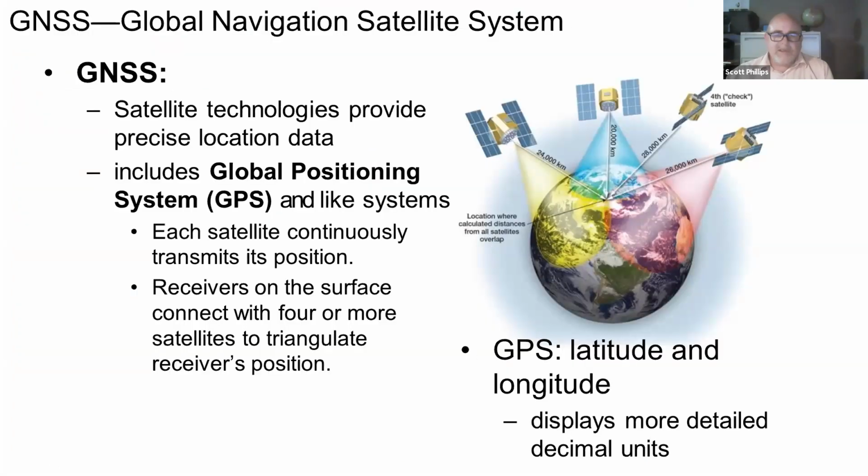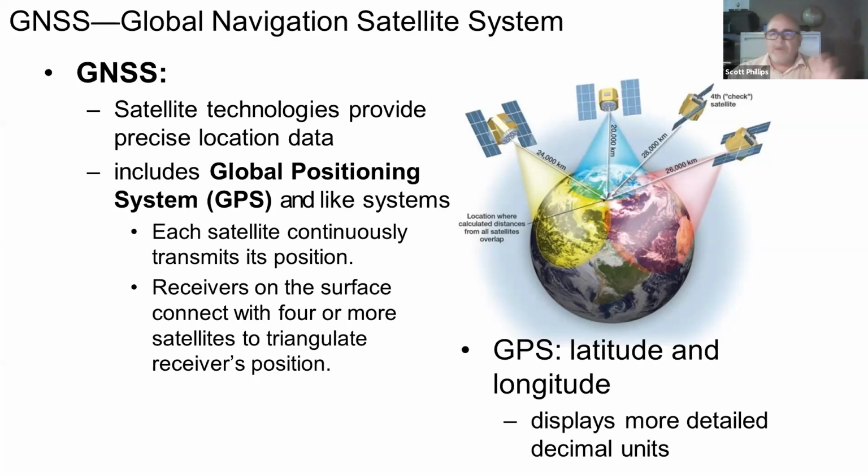Now, how would your phone know where you're at? The way that your phone or other devices know where you are is by using satellite technology. And there's a big term we use to describe all of it, GNSS, Global Navigation Satellite System. But really, this is GPS.